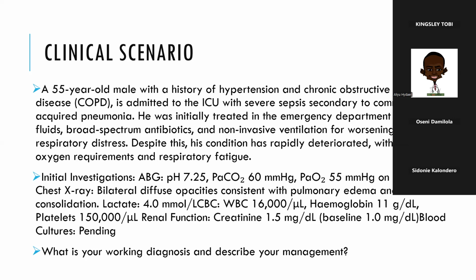Despite this, his condition has rapidly deteriorated with increasing oxygen requirements and respiratory fatigue. Initial investigations revealed ABG pH of 7.25, PaCO2 of 60 millimeters of mercury, PaO2 of 55 millimeters of mercury on FiO2 of 100. Chest X-ray revealed bilateral diffuse opacities, which is consistent with pulmonary edema and consolidation.